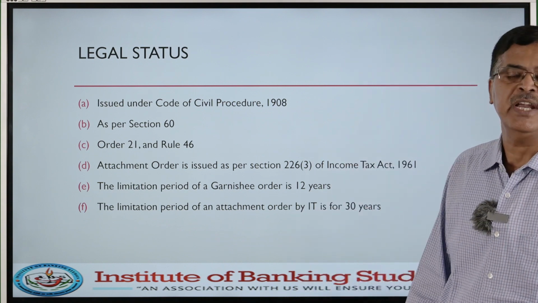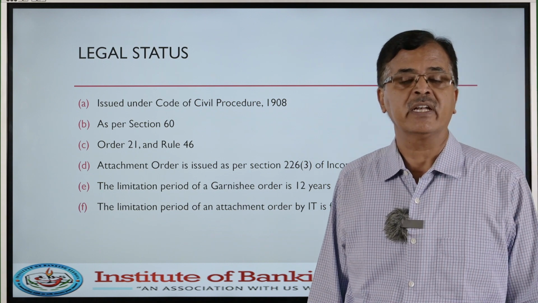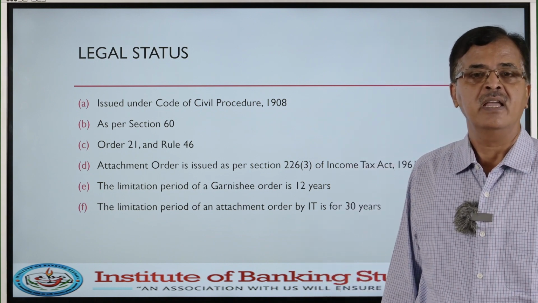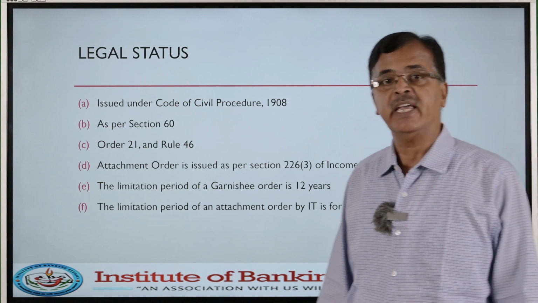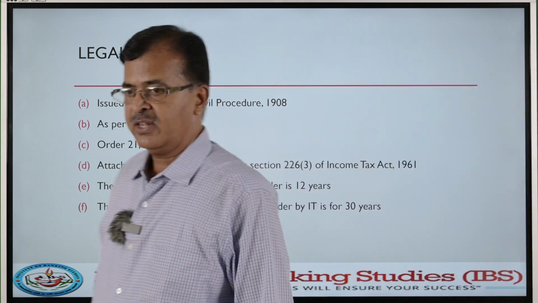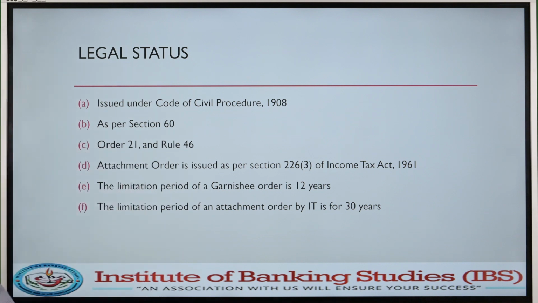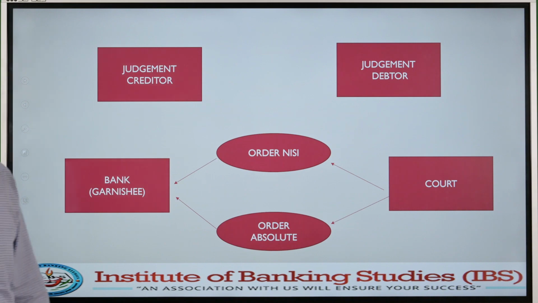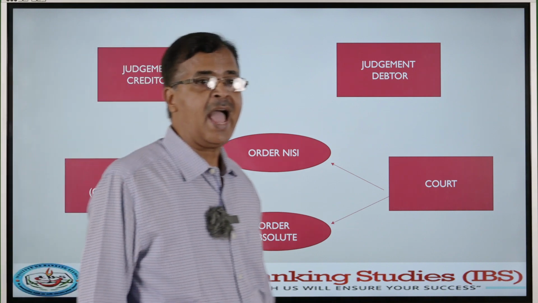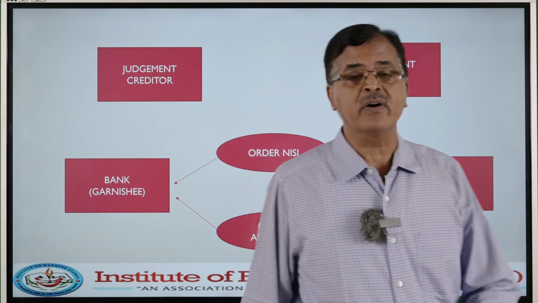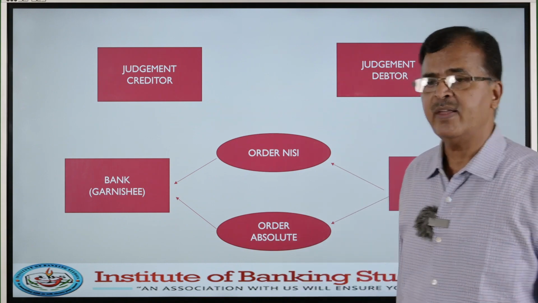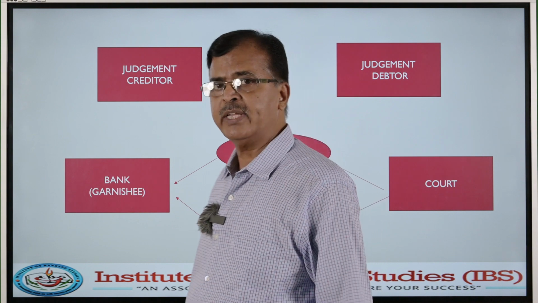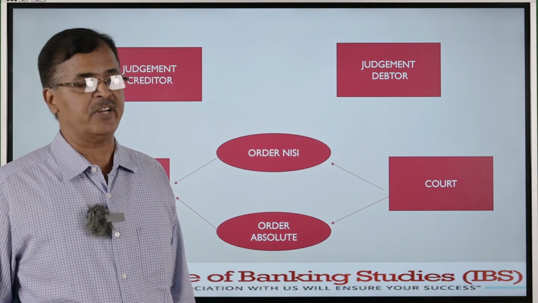The limitation period for a garnishee order is 12 years, whereas for an attachment order it is 30 years. Normally, the bank will consider these orders very important and will act immediately upon their service. We will now examine how a garnishee order originates.